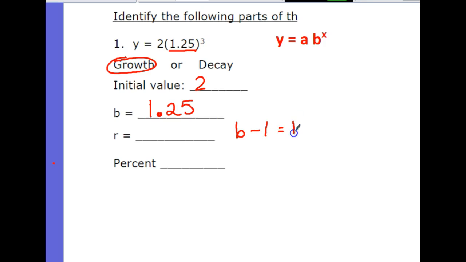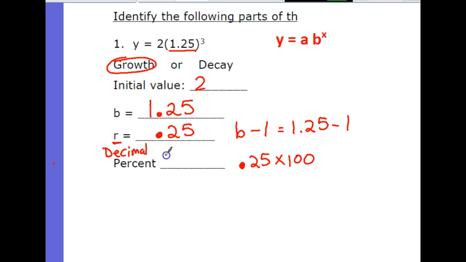It is 1.25 subtract 1. How much is that? The rate is a decimal number. To change a decimal to a percent, you multiply times 100, because the word percent means part out of 100.